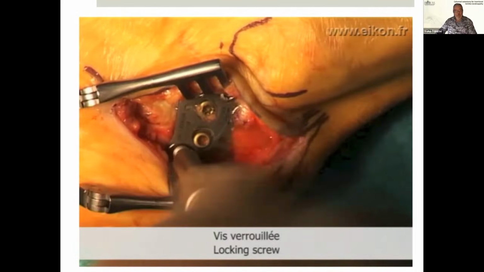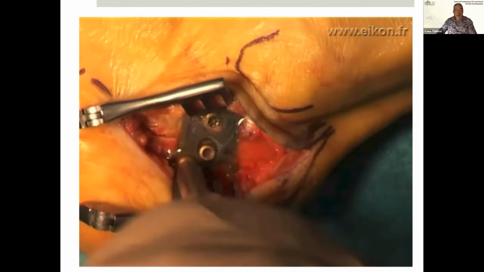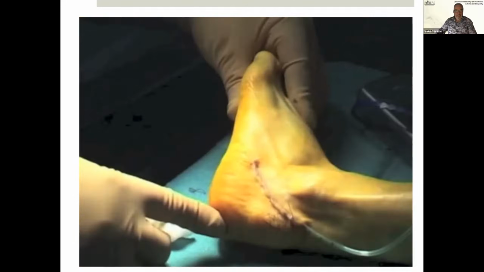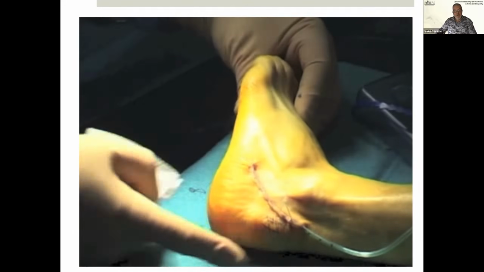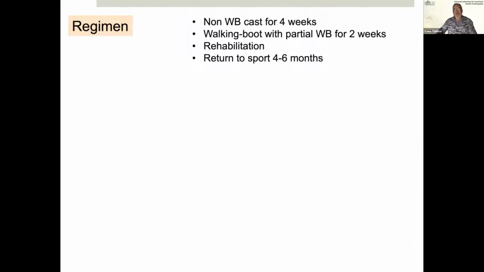We place the locking screws, and then we check the stability of the construct. Then the regimen: there is a non-weight-bearing cast for 4 weeks, and then after 4 weeks, partial weight bearing and rehabilitation, and return to sport, depending on the sport, between 4 to 6 months.